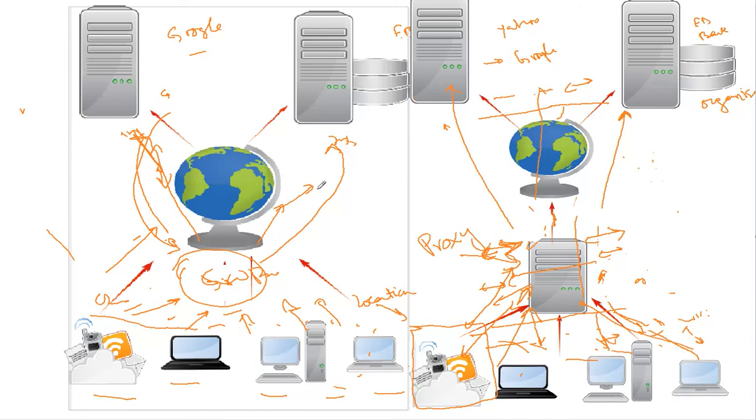Google sends this information to the proxy server. Similarly, Yahoo sends the information to the proxy server. Google and Yahoo do not know which nodes actually asked for the information. So the actual nodes are hidden from the web servers, and then the proxy simply forwards this information to the actual nodes that asked for it.